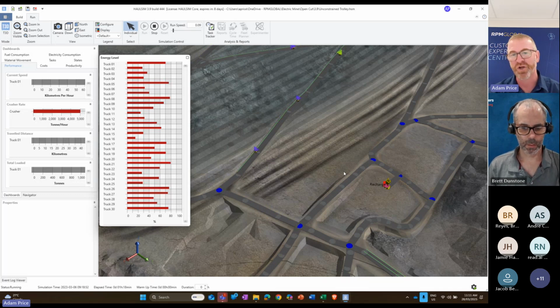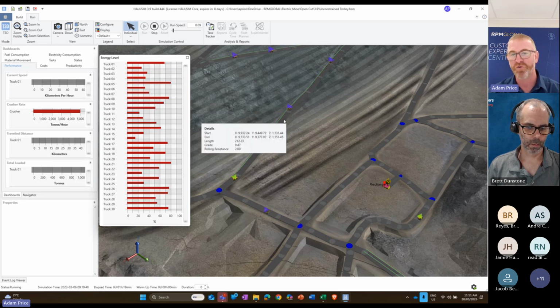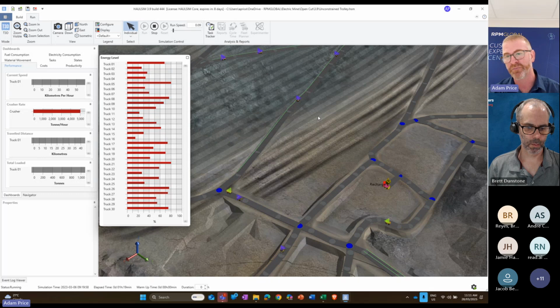The speed that the trucks travel at is dependent on the rim pull curve from the manufacturer of that truck, the payload that they're carrying, the gradient of the road that they're traveling along, rolling resistance, all of those things that many of you would have seen in other modelling tools. So all of that is accounted for while the trucks are driving around.